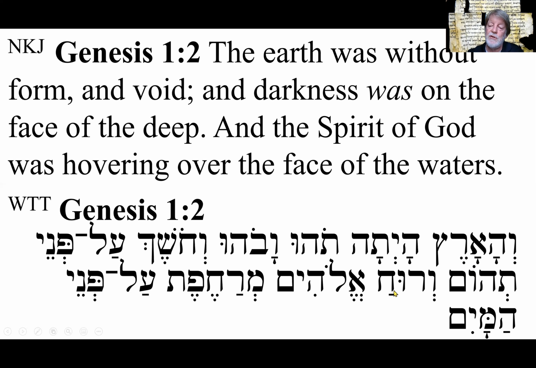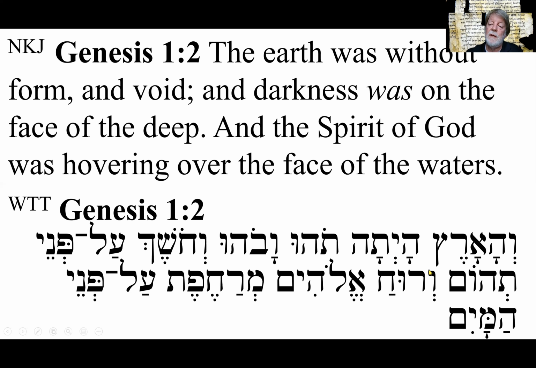Now this is the word for spirit, ruach. Here the vav is the word and. Ve is how you say and in Hebrew. And these three letters, resh, vav, and chet, there's no opening here, so it's not a hey, but it's a chet.